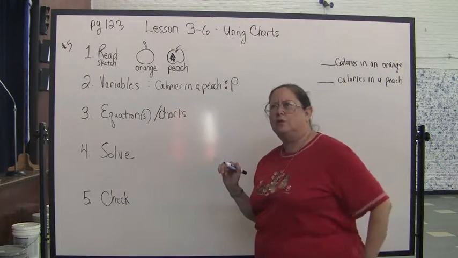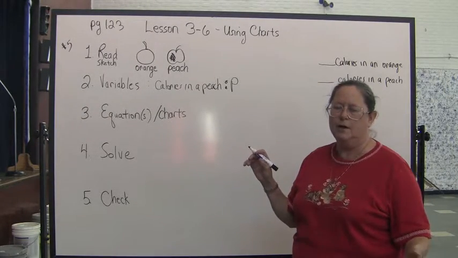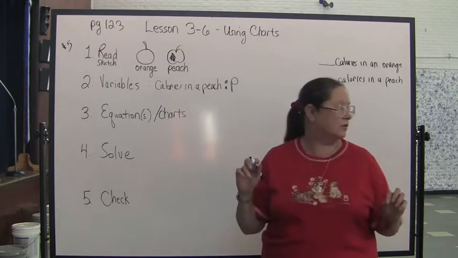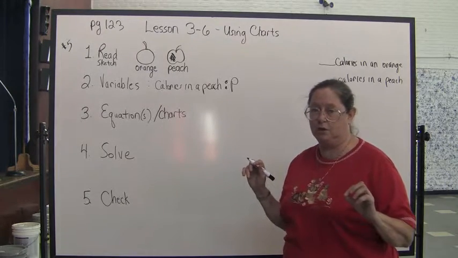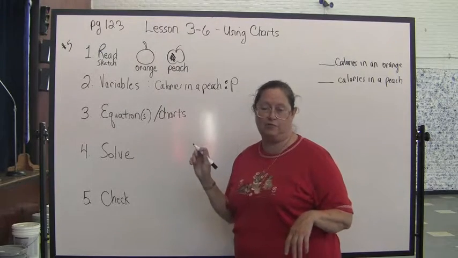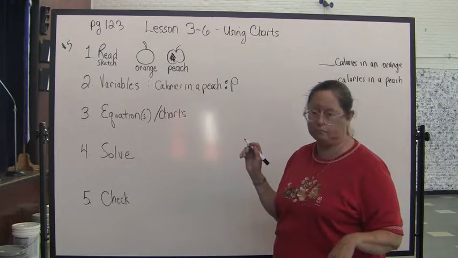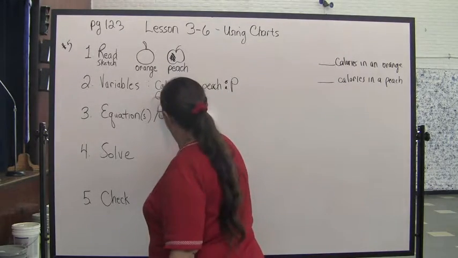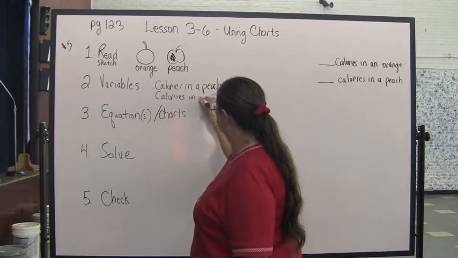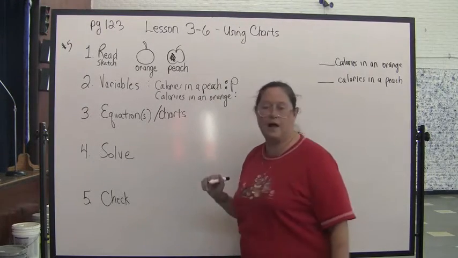Some problems, when we get a little further along in the book, will have more than one variable. But in these problems in the very beginning, you're probably only going to have one variable, because they give you a relationship between the two so that I can name the number of calories in an orange as it relates to the number of calories in a peach. The other expression I need is the number of calories in an orange.